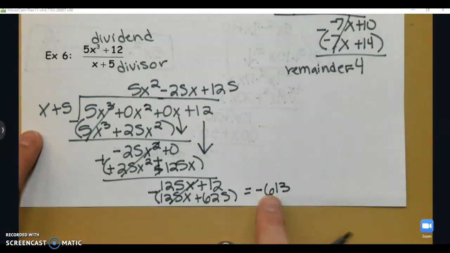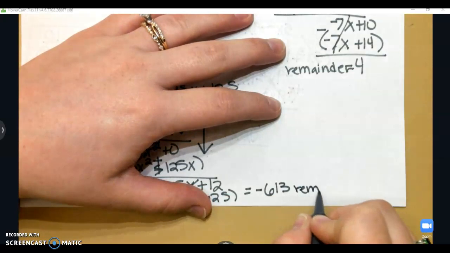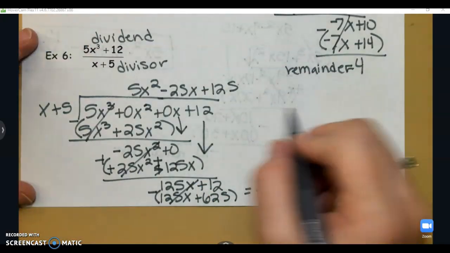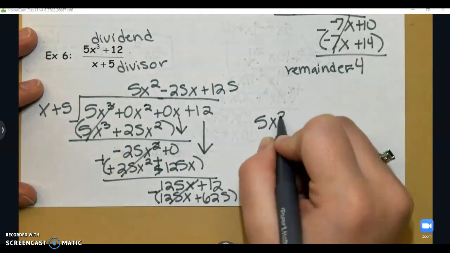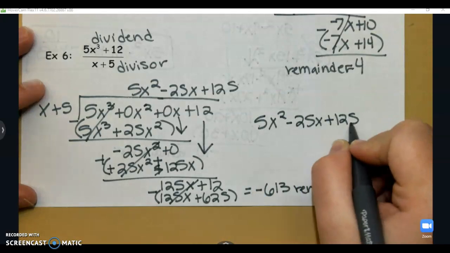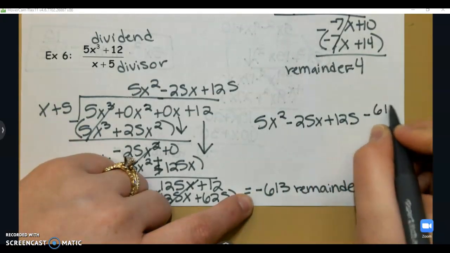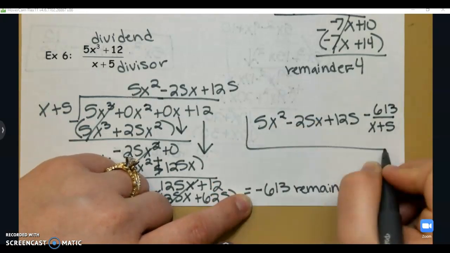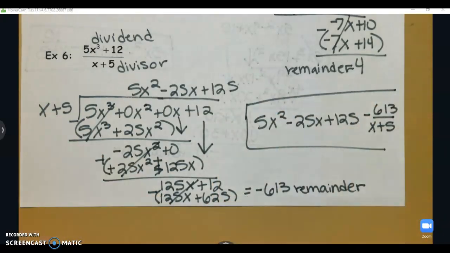That degree is less than my divisor, so this is our remainder. And so our final result is 5x squared minus 25x plus 125 minus 613 over our divisor, which is x plus 5.